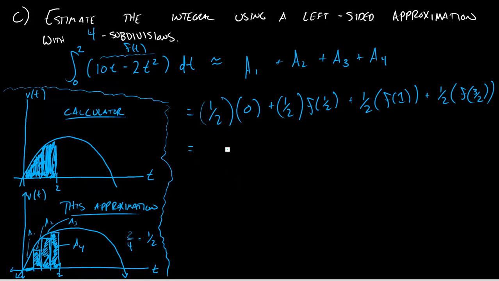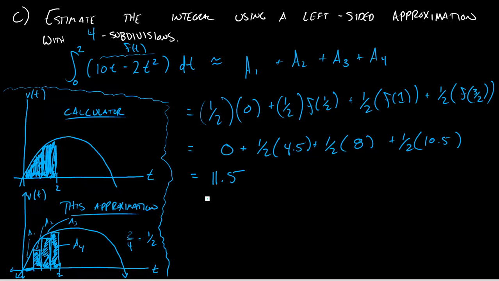Now if I go through this whole thing, A1 multiplies out to be 0. And the rest of these I'm going to do in my calculator. So f of 1/2 is 4.5. f of 1 is 8. And f of 3/2 is 10.5.